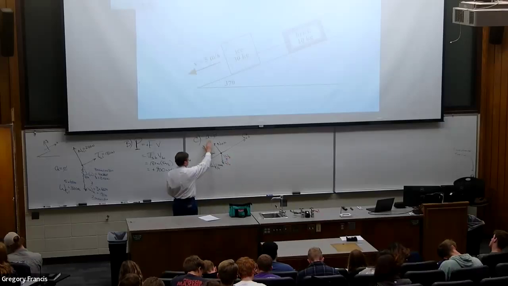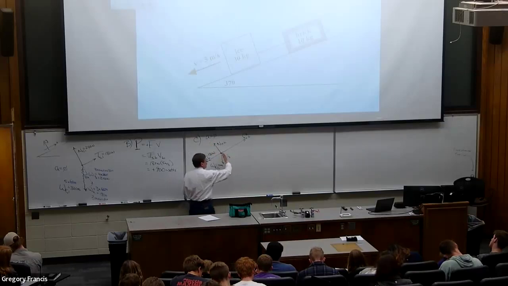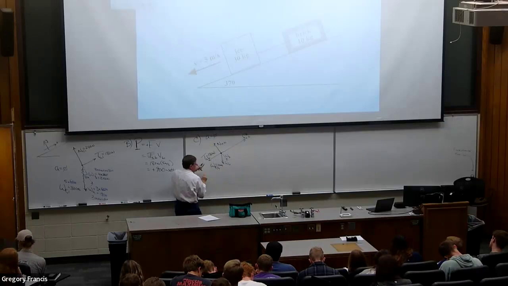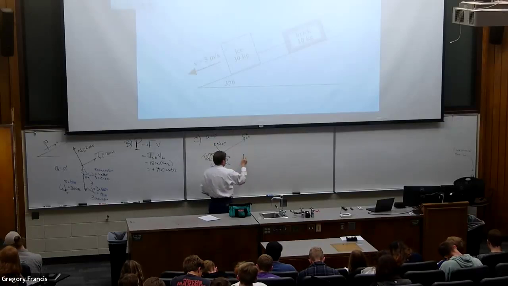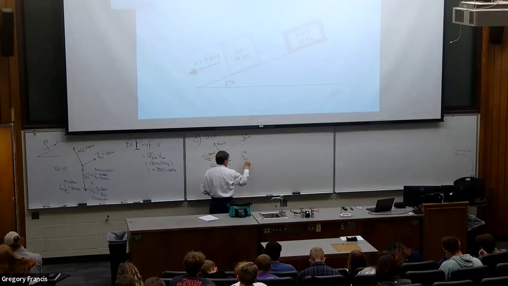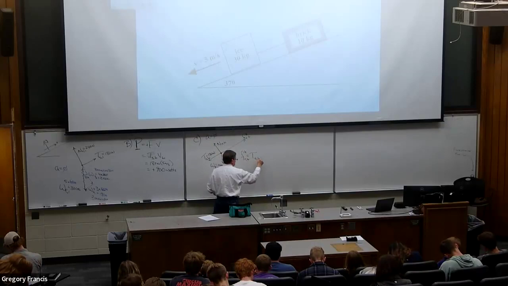And if this has zero acceleration, this one force up the ramp has to balance both of these forces down the ramp. And so that means that this friction force, kinetic friction force by the ramp on the block, has to equal both the tension by the string on the block plus the x part of the weight.